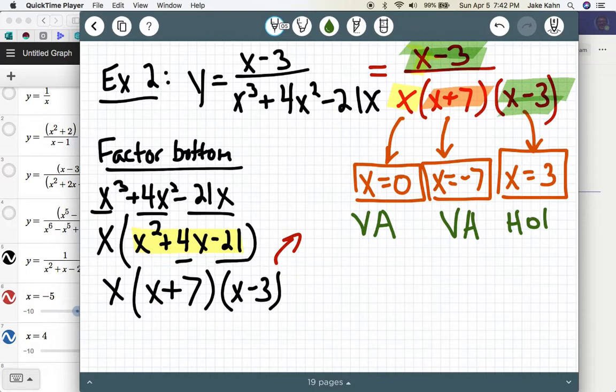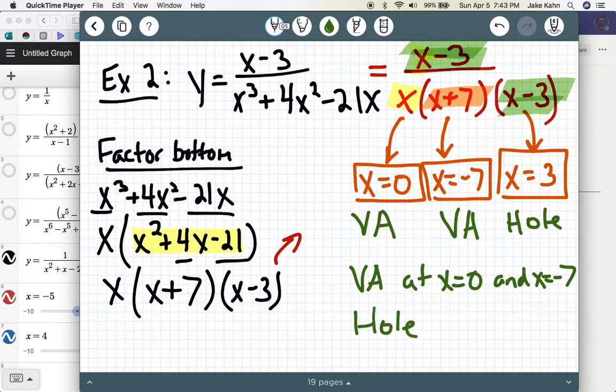You're going to see what that looks like shortly on Desmos. So our final solution to this problem is we would say we have a vertical asymptote at x equals 0 and x equals -7, but we have a hole at x equals 3.